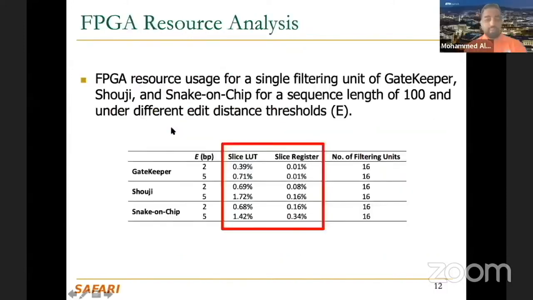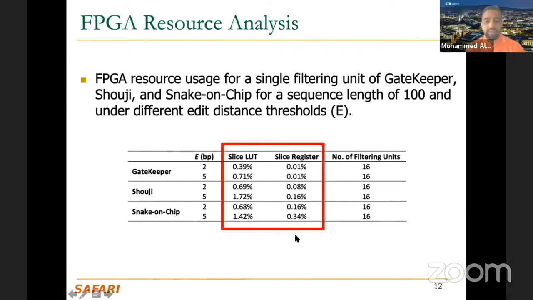So we implement this on GPU, FPGA, and CPU. And these are the results for FPGA resources. So this is the number of lookup tables needed. You can see most of the cases is less than 1 or less than 2% at most. And that is a very cheap algorithm to be implemented in FPGAs.